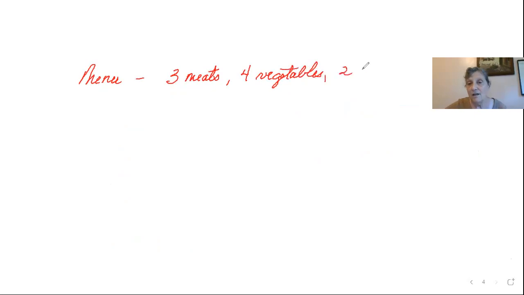What if we had choices from a menu where we had to choose between one of 3 meats, one of 4 vegetables, and one of 2 desserts? Then we would have 3 possibilities for our meat and 4 possibilities for our vegetable.